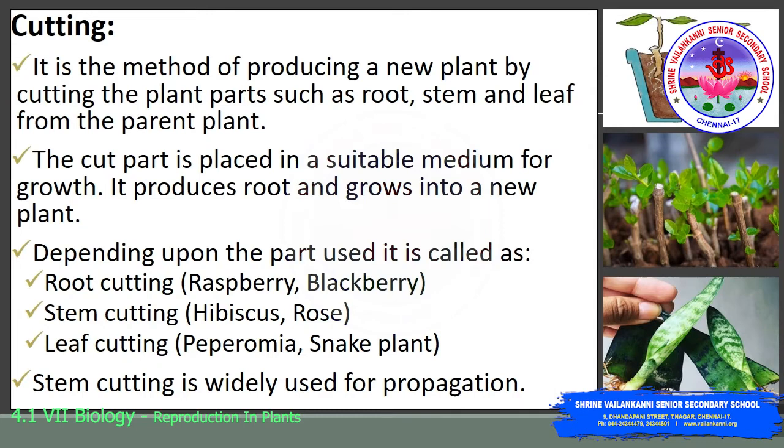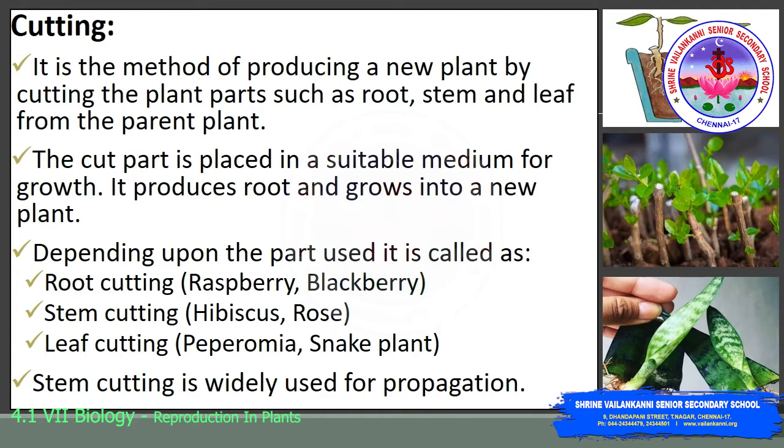First, we shall study about cutting. It is a method of producing a new plant by cutting a plant part such as root, stem and leaf from the parent plant. The cut part is placed in a suitable medium for growth. It produces its own root and grows into a new plant.